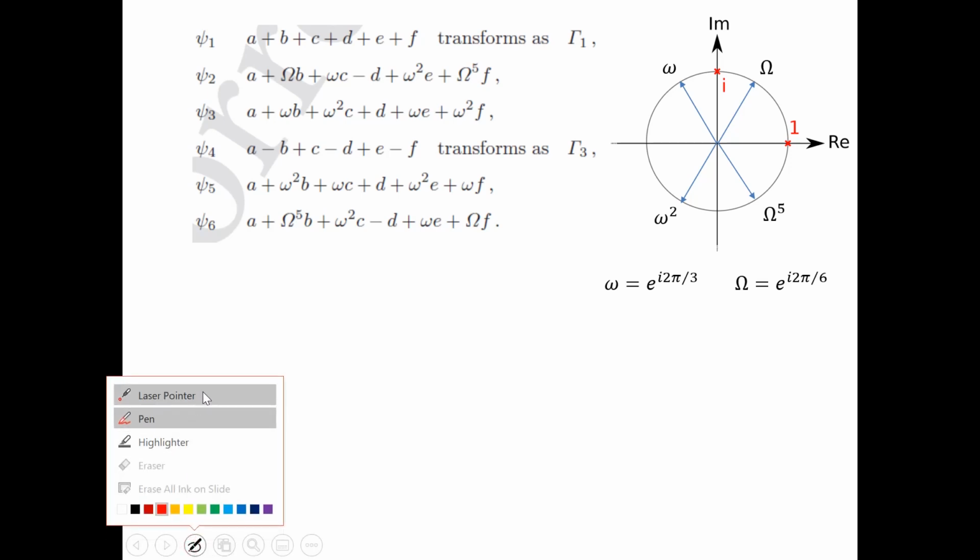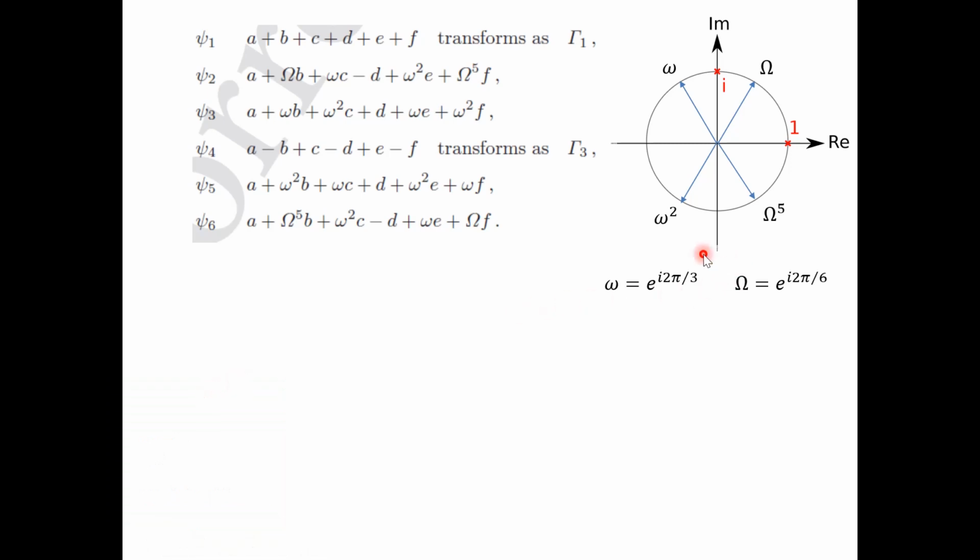Instead of using omega only, e to the i 2 pi over 3, I can use the big omega, which is e to the i 2 pi over 6, the 60-degree angle phase factor.